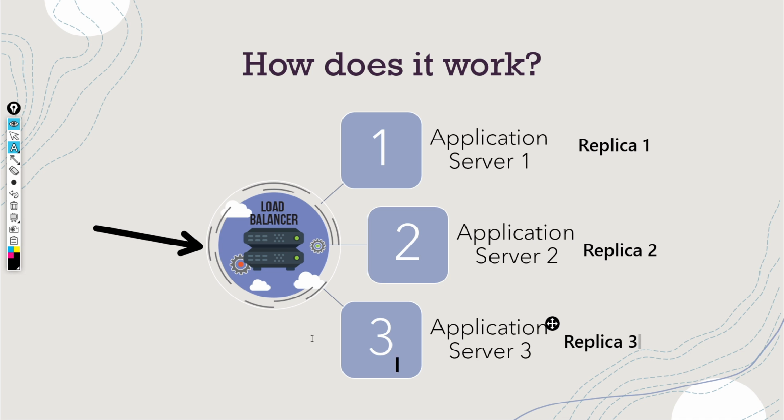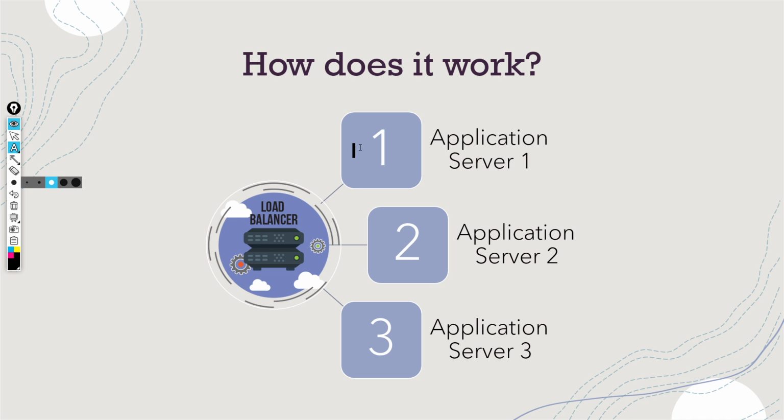Now what is the benefit here? The benefit is that in the situation where we were only able to handle a limited number of users, for example, say we were able to bear 4000 users in app server 1, server 2 also used to bear 4000 users and server 3 also used to bear 4000 users. We were facing 10,000 users. What we can do is we can distribute those users.